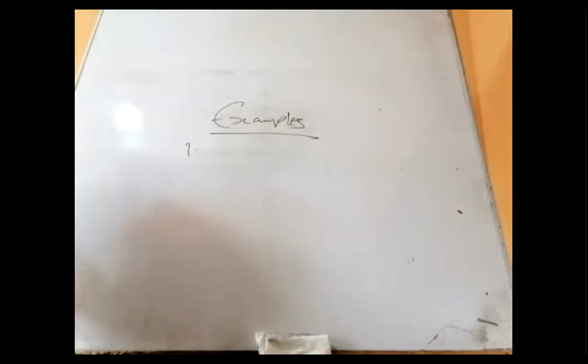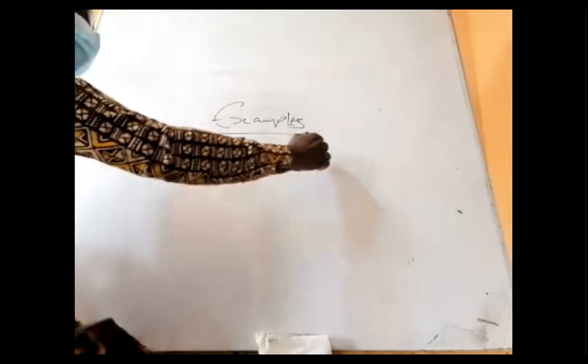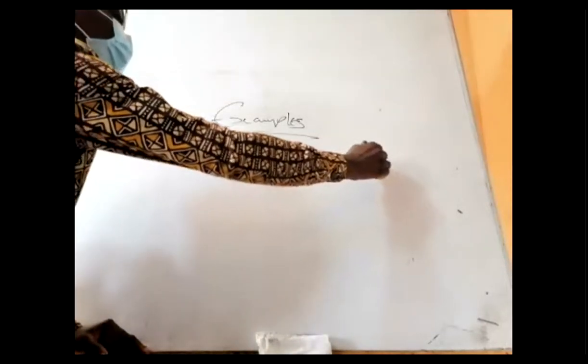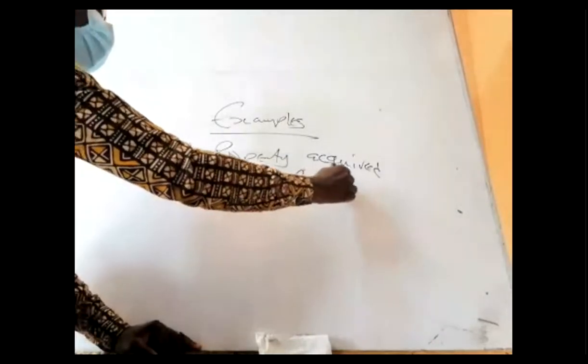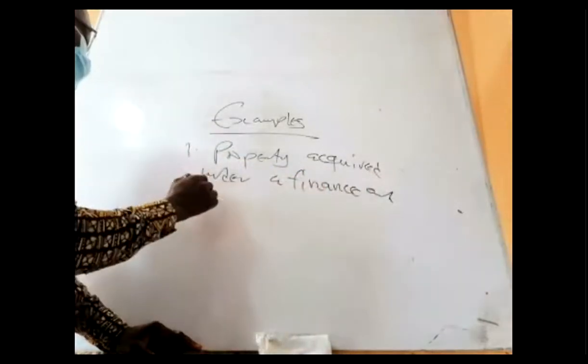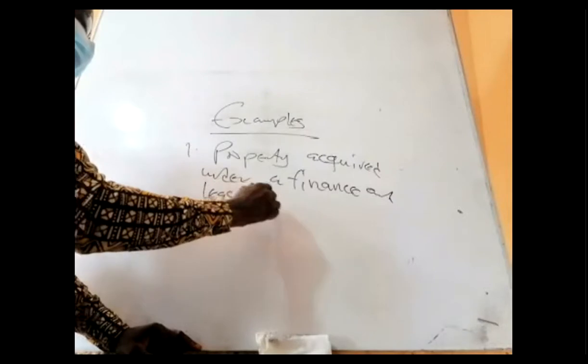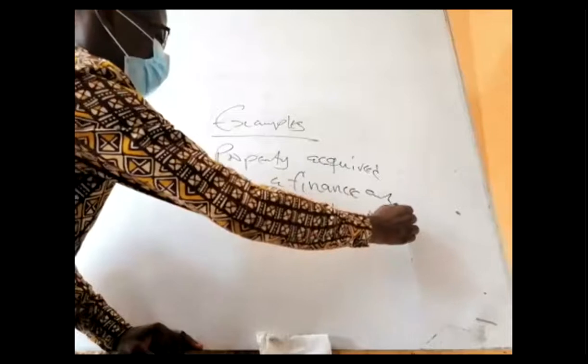Number 1, property acquired under a finance lease and leased out under an operating lease.